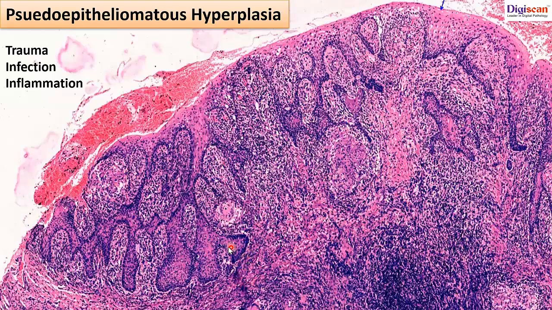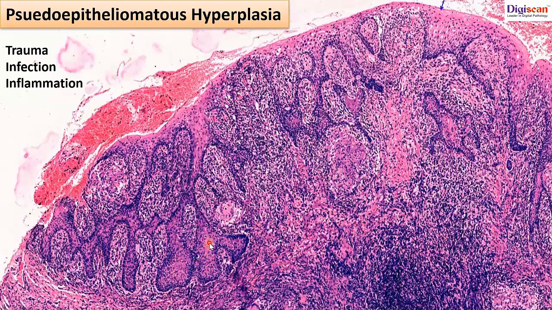This type of hyperplasia, as we are seeing here, is called pseudoepitheliomatous hyperplasia. The epithelium is growing deep into the mesenchyme as intercommunicating rete ridges, but there is no loss of maturation of the cells.